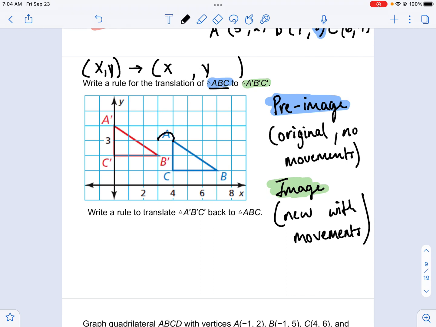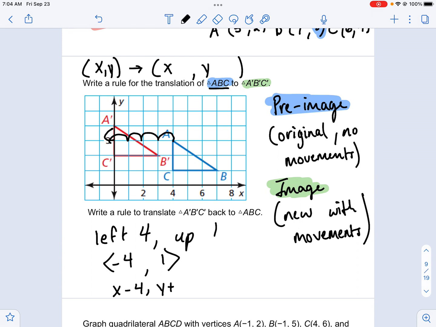Looks like 1, 2, 3, 4. Looks like we are left 4 and up 1. So hopefully you took a picture or wrote down those rules, because this is going to be negative 4, 1, which the rule will then be x minus 4, y plus 1.